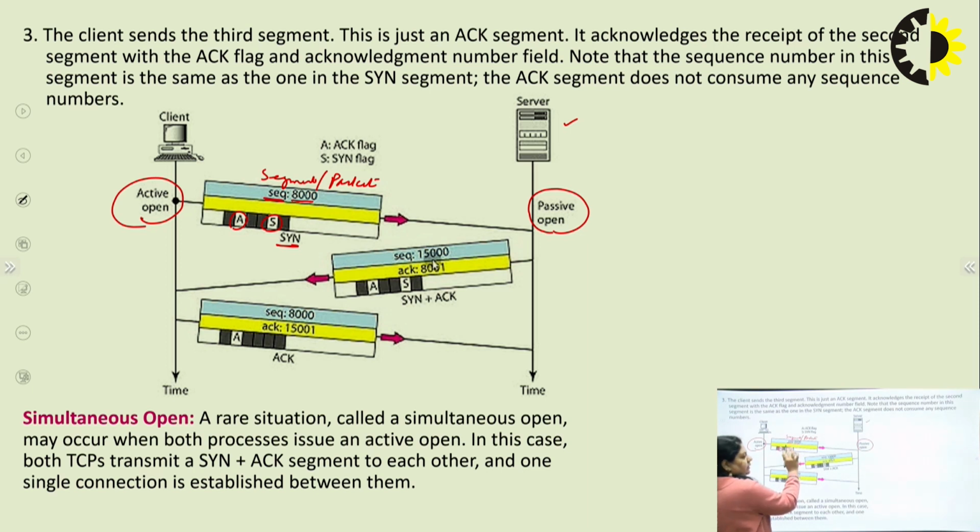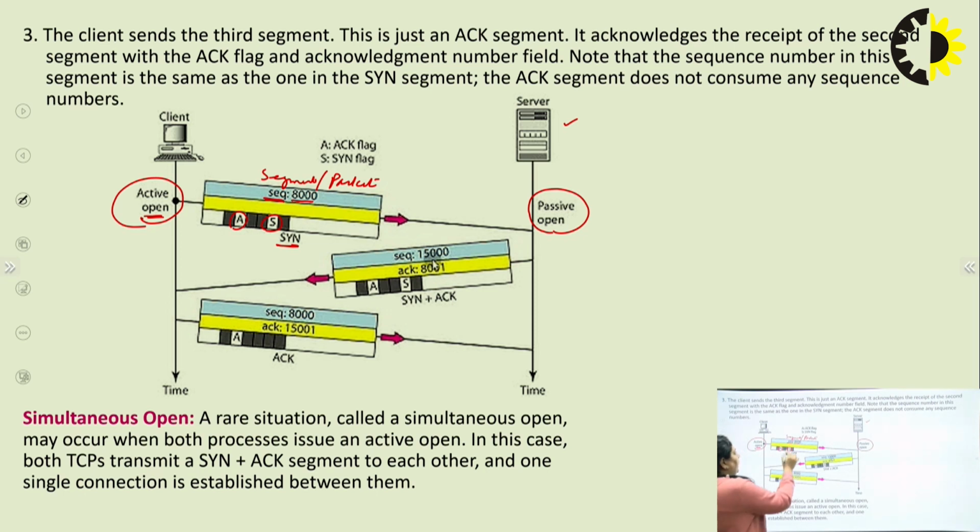The segment is here with the sequence number 8000. It does not have any kind of data in it. It is only for the connection, that is, for the active open state. It is sending a request packet, that is, a segment with sequence number 8000 having the acknowledgement and synchronization flags set to 1.